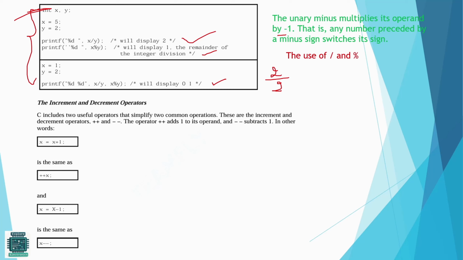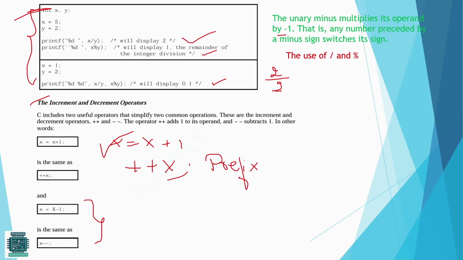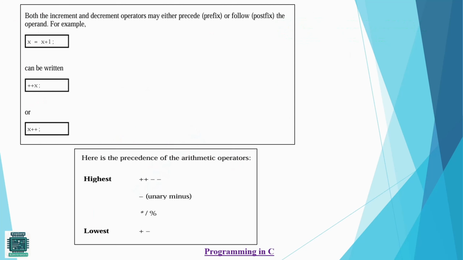Okay, and the next one is increment and decrement operators. As I mentioned, x is equal to x plus 1 has the same meaning as plus plus x. That's what we will call prefix. This is for incrementing, and for decrementing we write the same symbol. Increment and decrement operators may either precede, that is prefix, or follow, that is postfix.